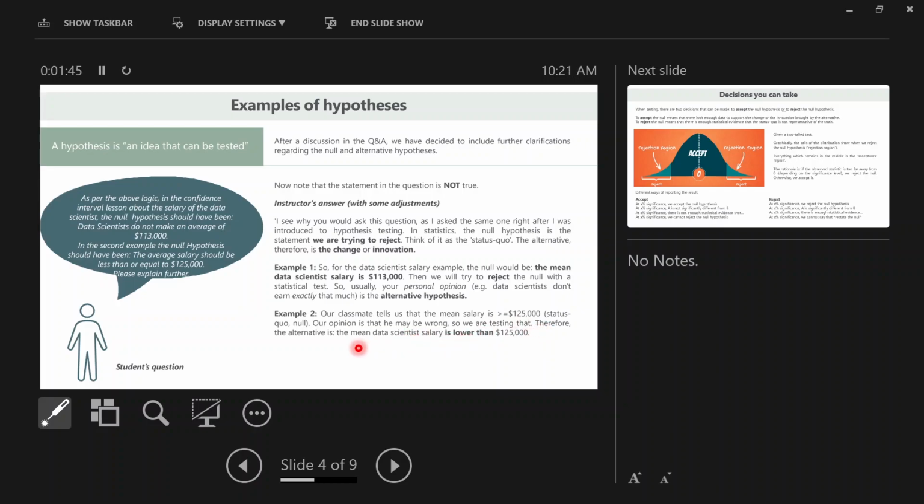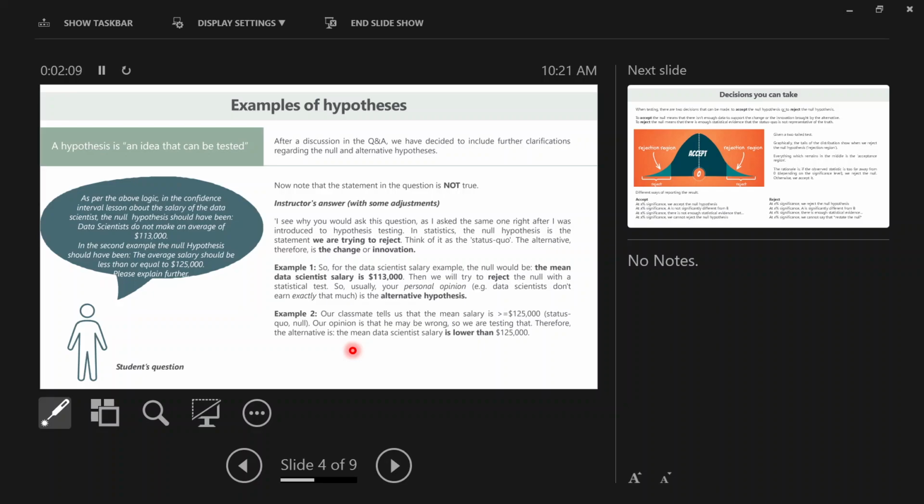So the alternative hypothesis there becomes, like you are trying to disagree with this. If the mean salary is equal to or more than 125, and you are trying to reject that, it means now it will become lower than 125.